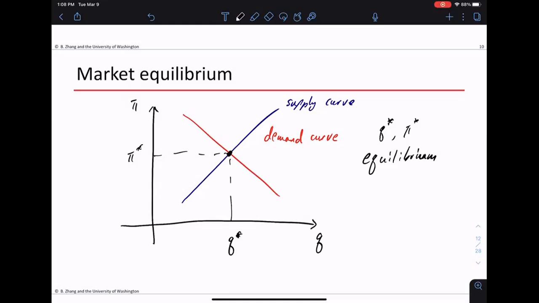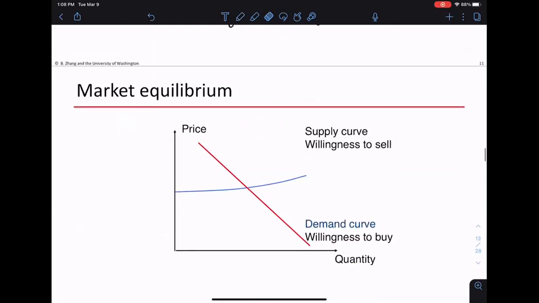So let's look at why this is a stable equilibrium or not. This equilibrium represents our willingness to supply, our willingness to sell. The demand is our willingness to buy, and we cross them.